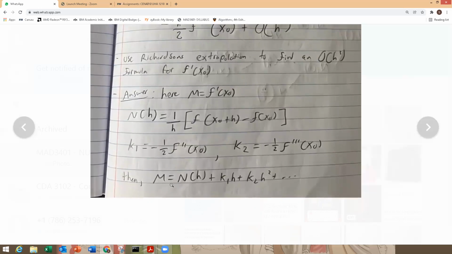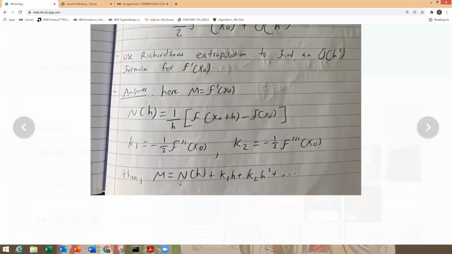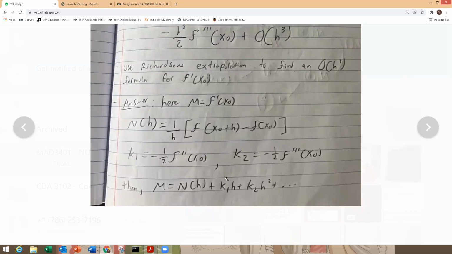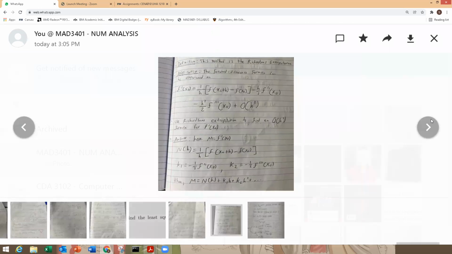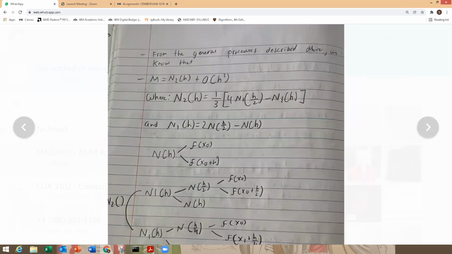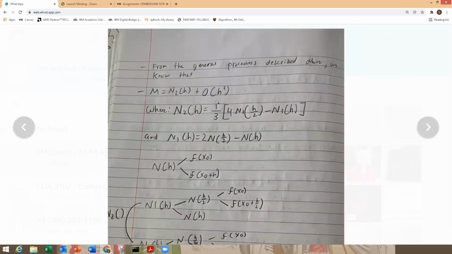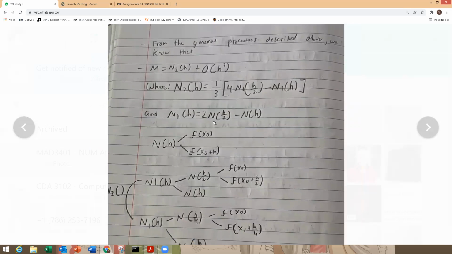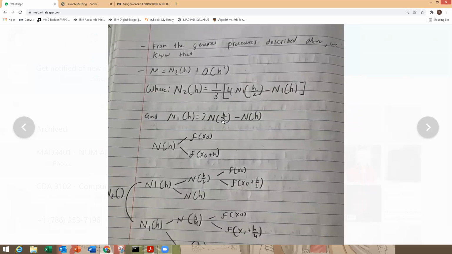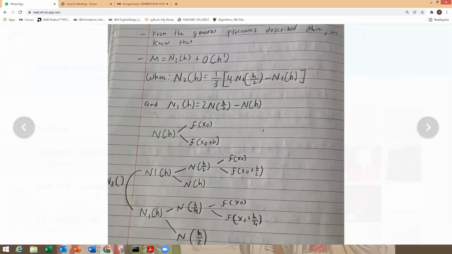It's what we did in class, where we did the M times N, and then we would cancel the K1 H, and then we would stay with the K2, and then that would finally give us that N2 equals 1 over 3, and then 4 N1 of H over 2 minus N1 of H.